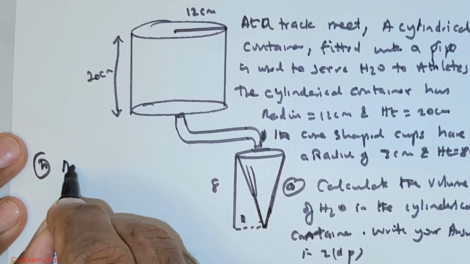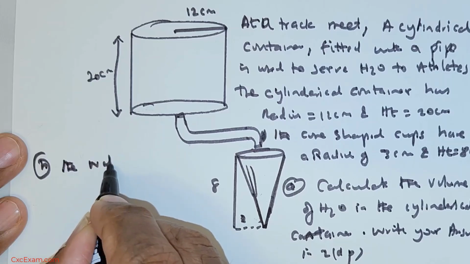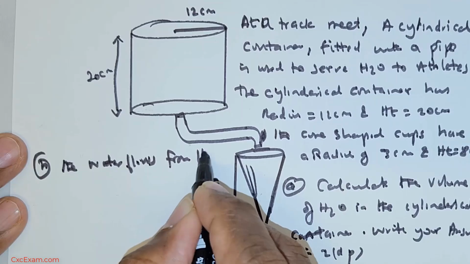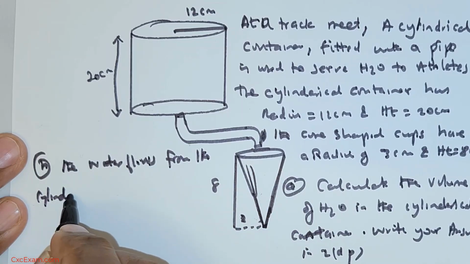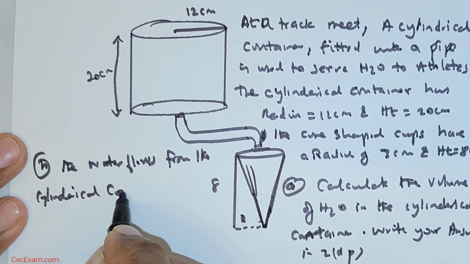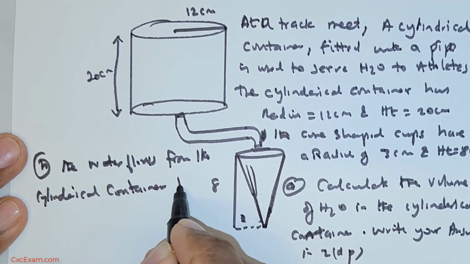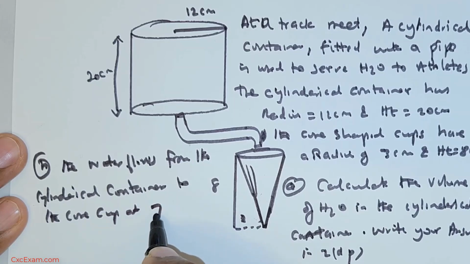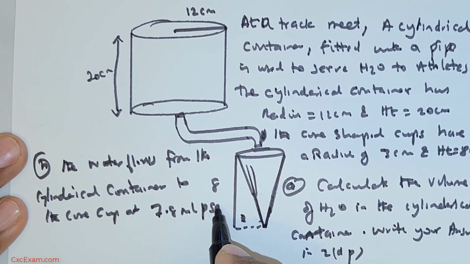Now the next part is the water flows from the cylindrical container to the cone cup at 7.8 ml per second.